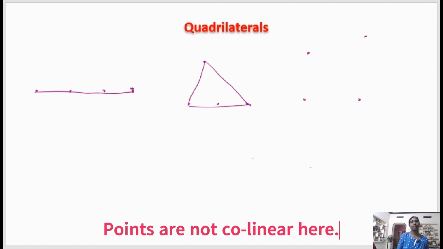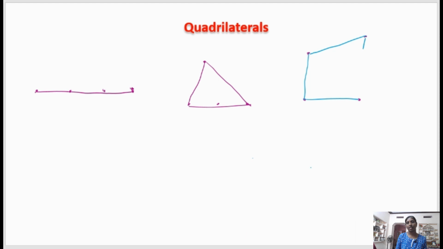If we join these points, in an order, see, join this, this. So it is a closed figure made up of 4 sides. This is called a quadrilateral.